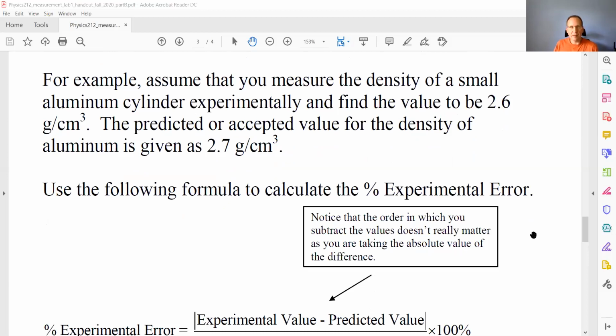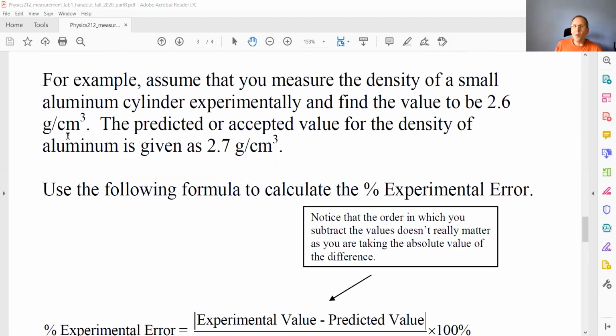Okay, so one of the things that we're going to do in this part of the lab, and I'll give you guys all the data for this, is you're going to measure the density of a small aluminum cylinder. So let's say you go through all the calculations and you find that the density experimentally is 2.6 grams per centimeters cubed.